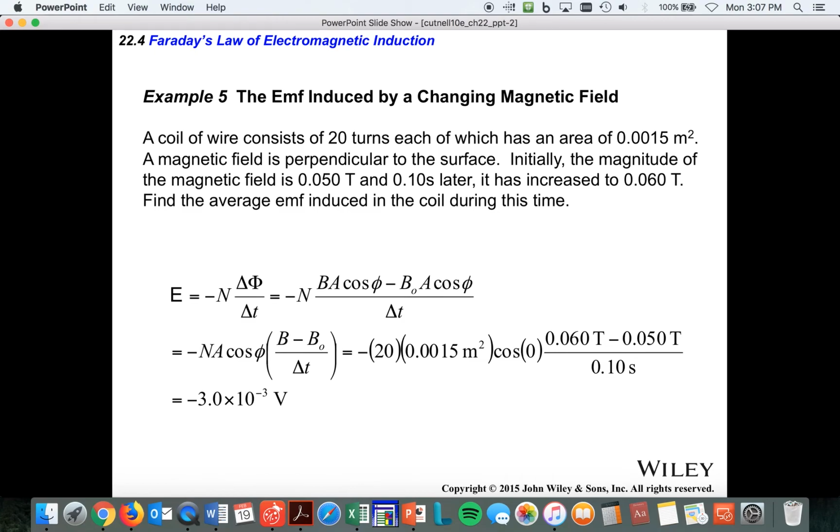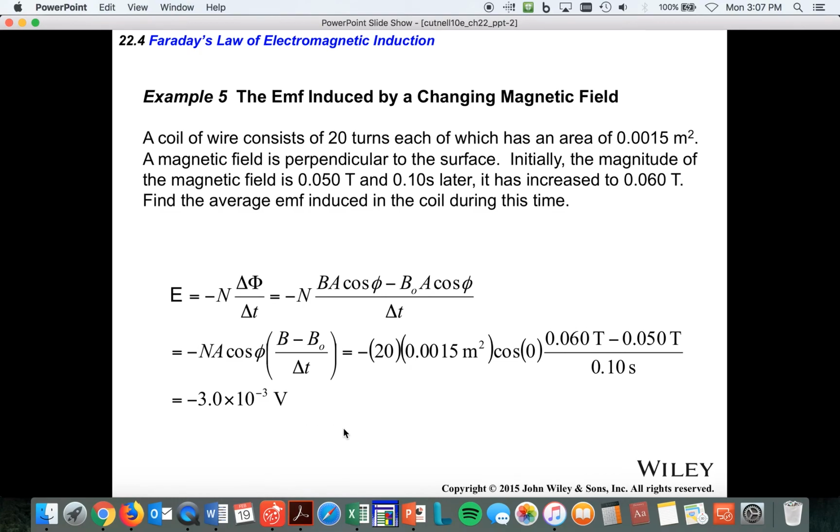Since the cosine of 0 is 1, we just have to worry about the coil's N not changing. This negative sign is for the polarity. So it's negative, B final minus B initial, divided by 0.1 seconds. It comes out to be negative 3 times 10 to the negative 3 volts.